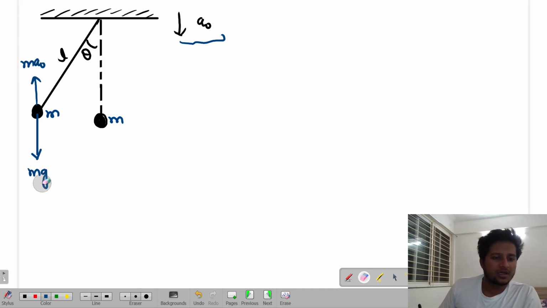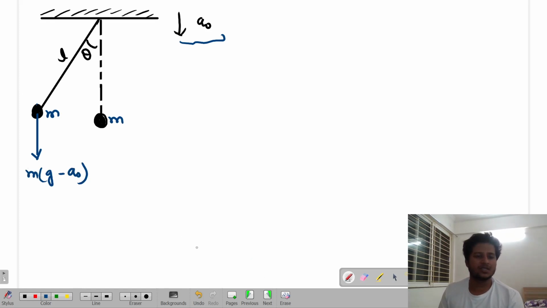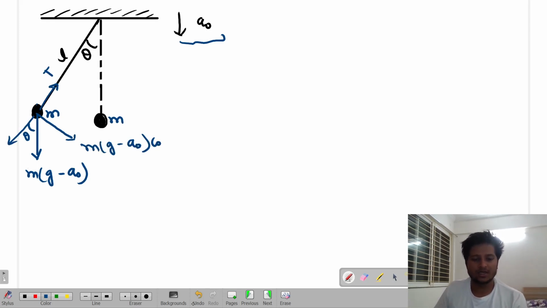So the net downward force over here I can write as m(g minus a naught), because it is hanging vertically downwards. The tension T will try to balance that, and this angle will be theta. So the restoring force is m(g minus a naught) sine theta. Are you able to get me or not?